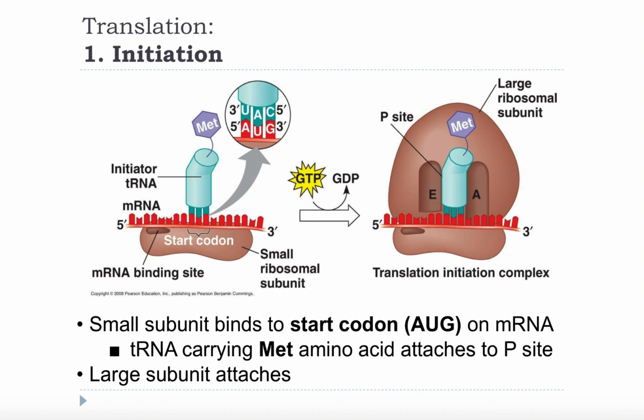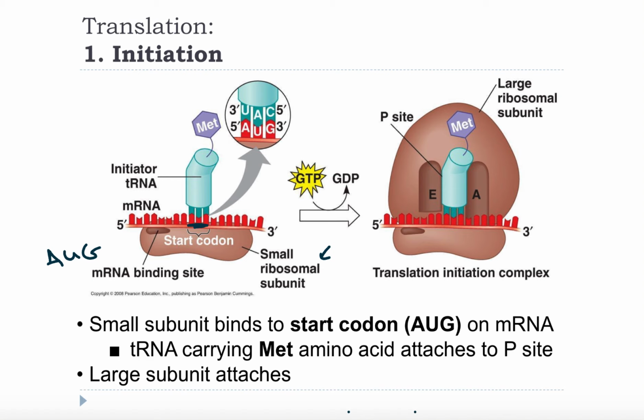Okay, so initially what happens is this whole mRNA thing, the beginning of it might be something else. It might be the GTP cap and stuff like that. But what's actually happening is towards the front of the mRNA, you have a start codon, the AUG start codon. Okay? Wherever the start codon is, the tRNA that's holding methionine is going to clamp onto that start codon, and it's going to initiate a structure where the lower ribosomal unit is going to clamp on.